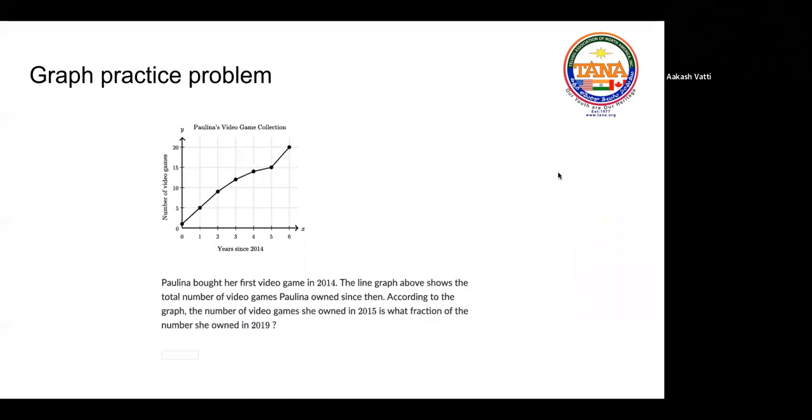So here is a graph practice problem for you guys to do. I'll give you a minute to do this one.